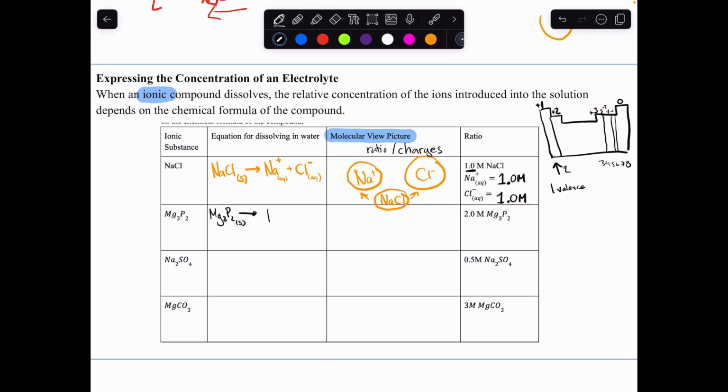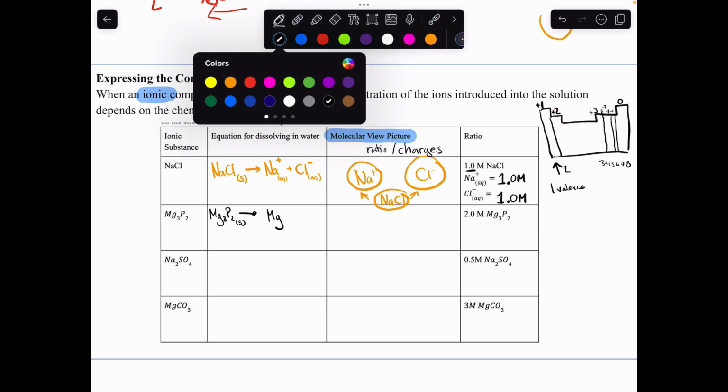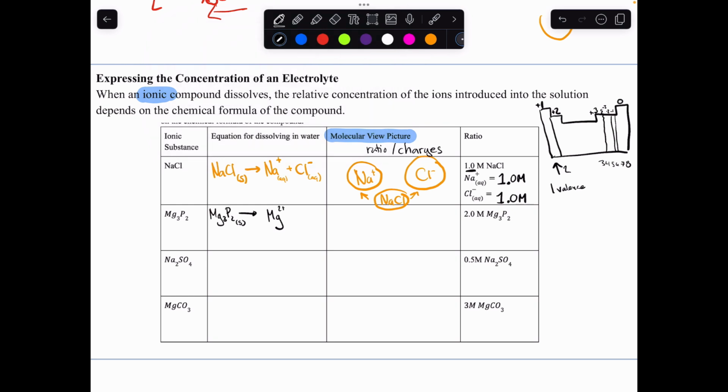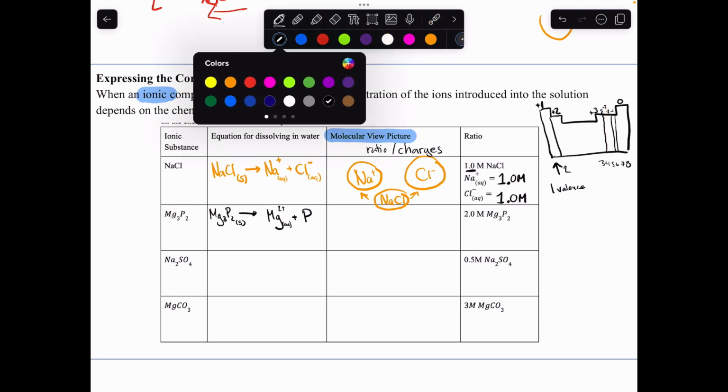So we have magnesium, which is located in column 2, so I know it has a 2+ charge, and that's aqueous now, AQ. And then our phosphorus is located in this column here, so it has a -3 charge, AQ.